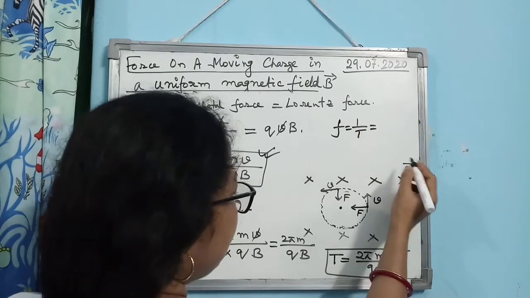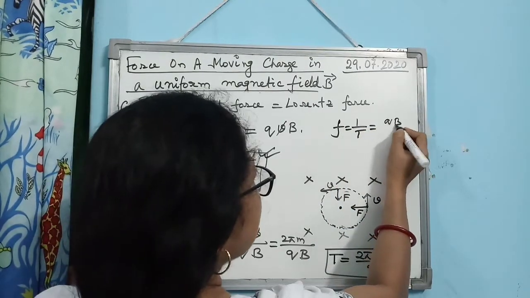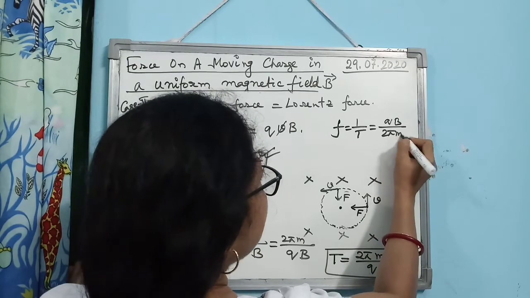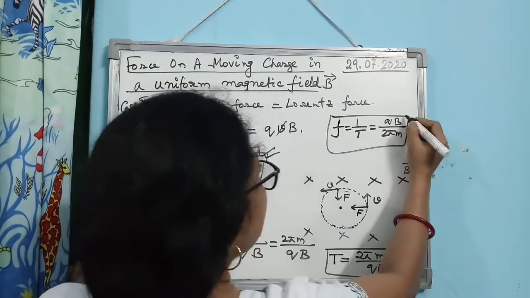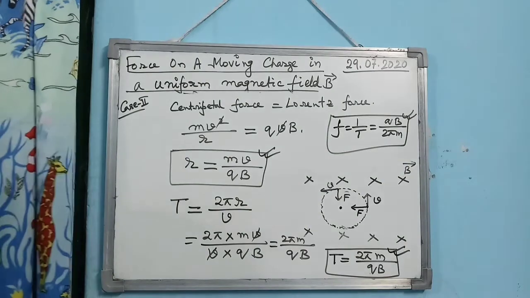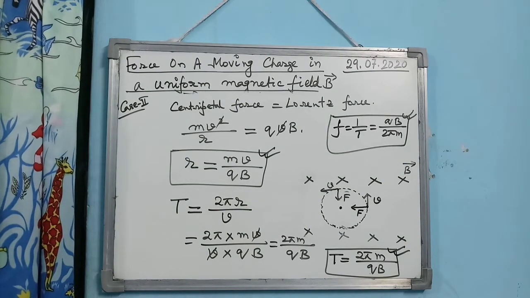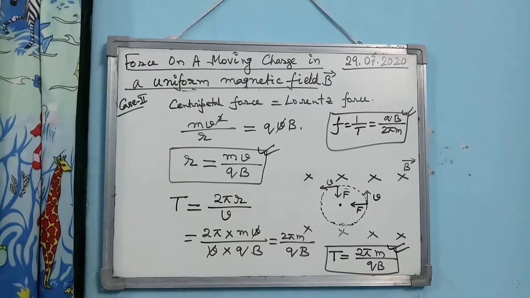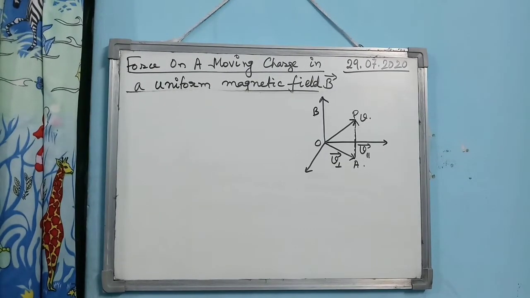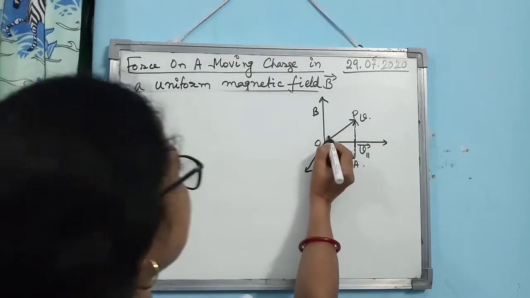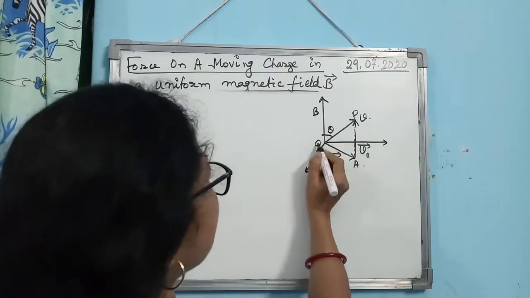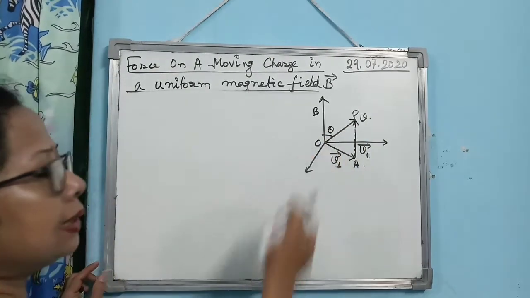Frequency will be 1 by T, means frequency is given by qB by 2 pi m. So these are the three relations you are supposed to learn and remember for solving the numericals. Now let us consider that the particle is moving with a velocity v, making an angle theta.